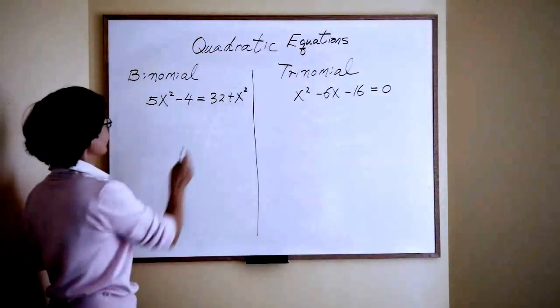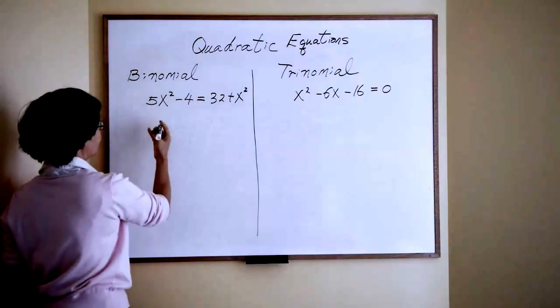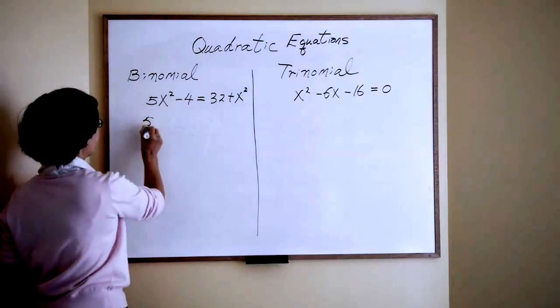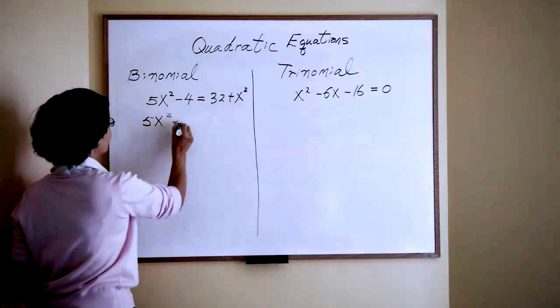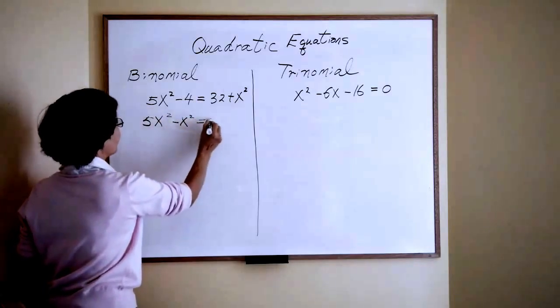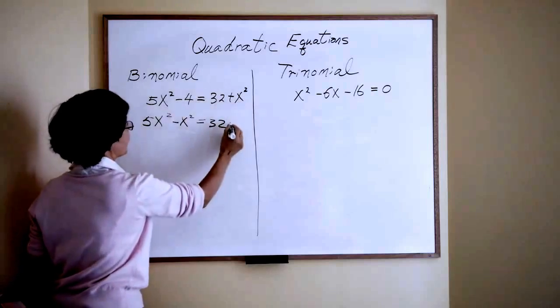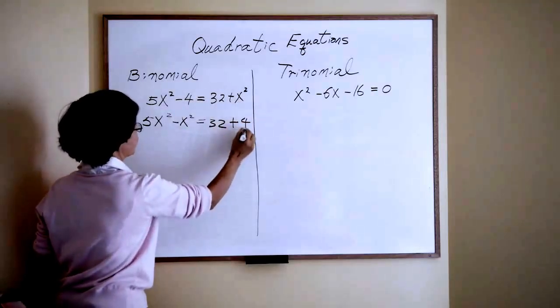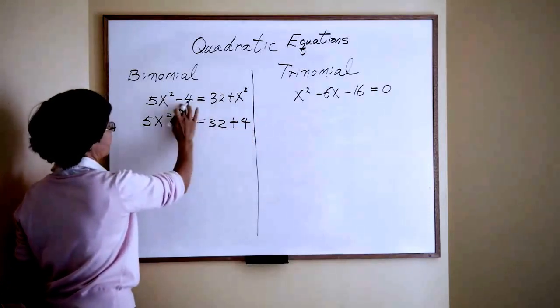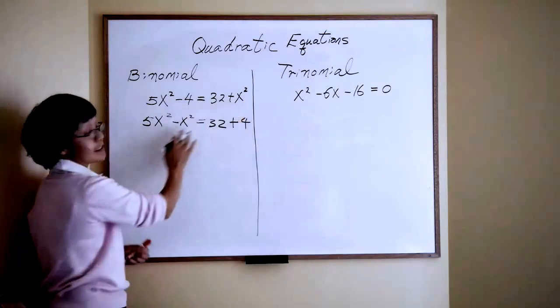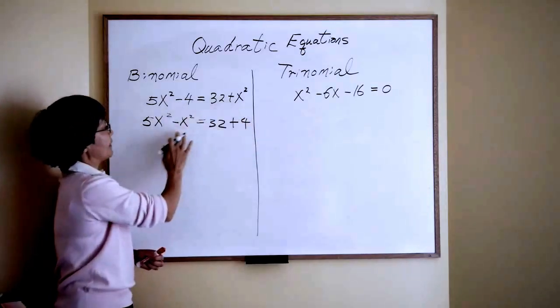first bring the x terms over, okay? I want to keep all the x on one side. And then bring this number over. Remember, when you cross over, change sign. This 4 becomes negative 4, becomes positive 4, plus x squared becomes negative x squared.